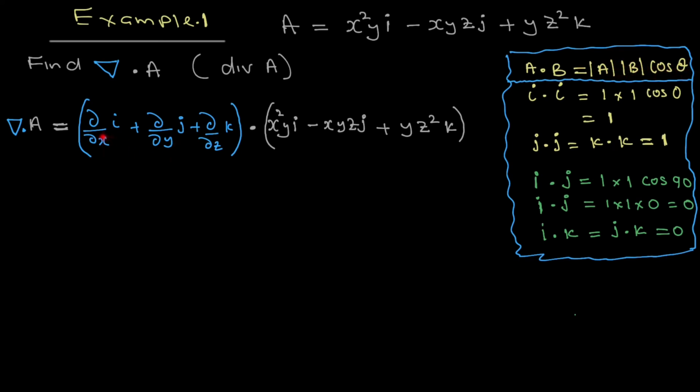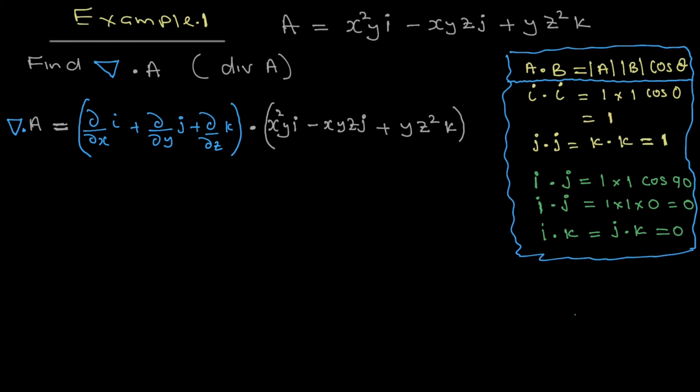But in this case, i, j and k are unit vectors. So that means i is 1, j is 1, and k is 1. So if you have i dot i, you're going to get 1 times 1 times cos of 0, that's 1.